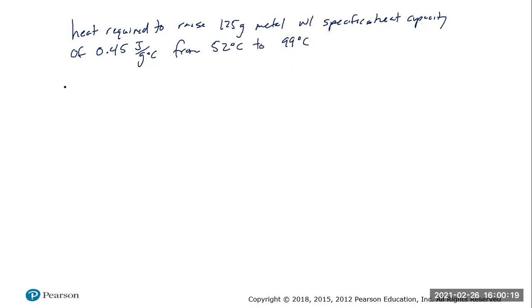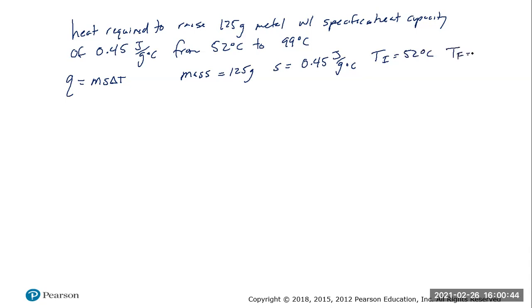So if we were going to do this, we would use our specific heat equation. Again, the metal, if we heat it up, is not going to change. It's going to be solid. We have the mass given to us, which is 125 grams. We have the specific heat capacity given to us. The initial temperature is 52 degrees Celsius.